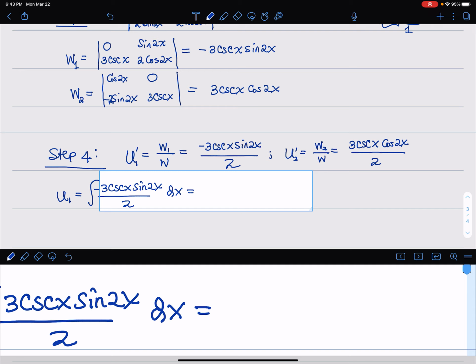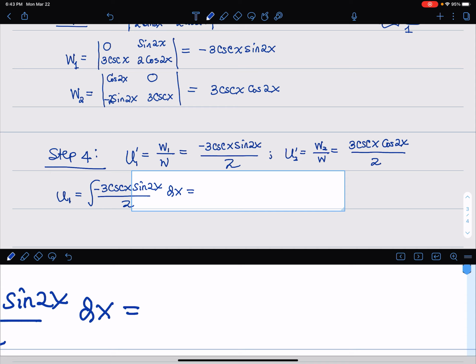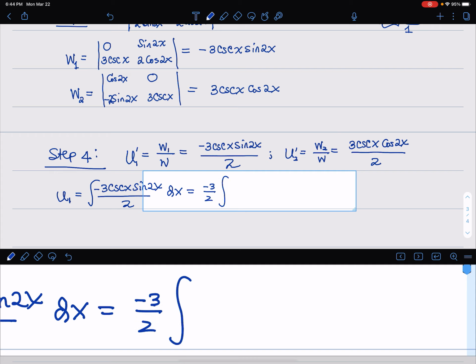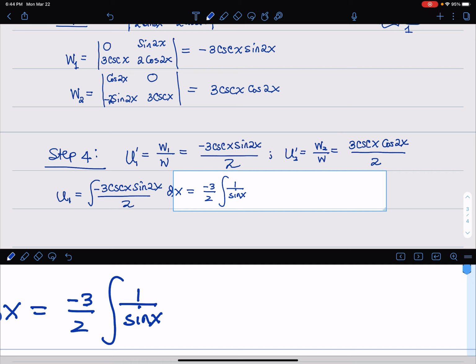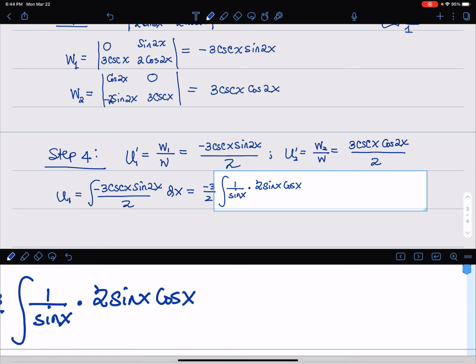Let's factor the constant first. Cosecant is 1 over sine of x, that's easy, and sine of 2x can be written as 2 sine x cosine x, dx.